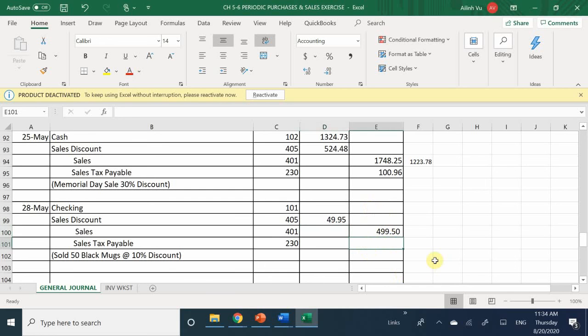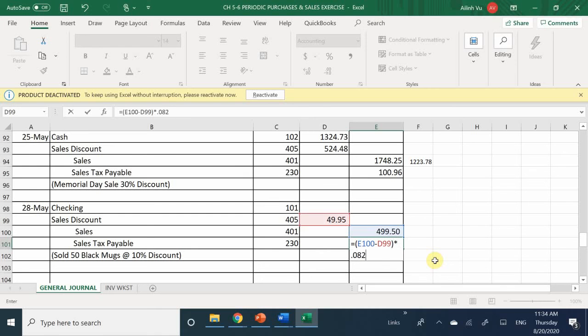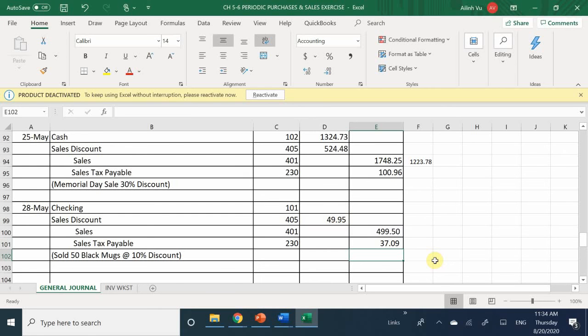So how much tax am I actually going to be charging him this time? $37.09. 37.09 is correct. All right.